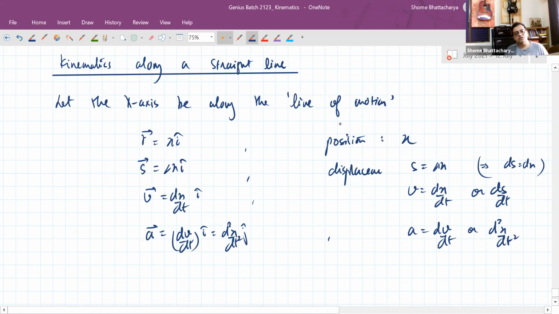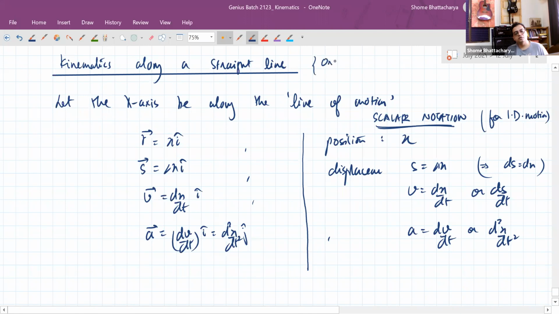So what we do is we use a scalar notation because it's along a straight line. So this is the scalar notation for what we call 1D motion or kinematics along a straight line.